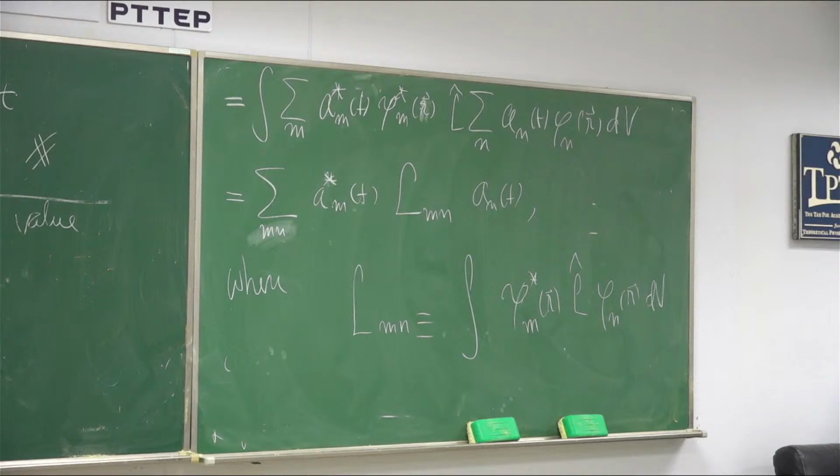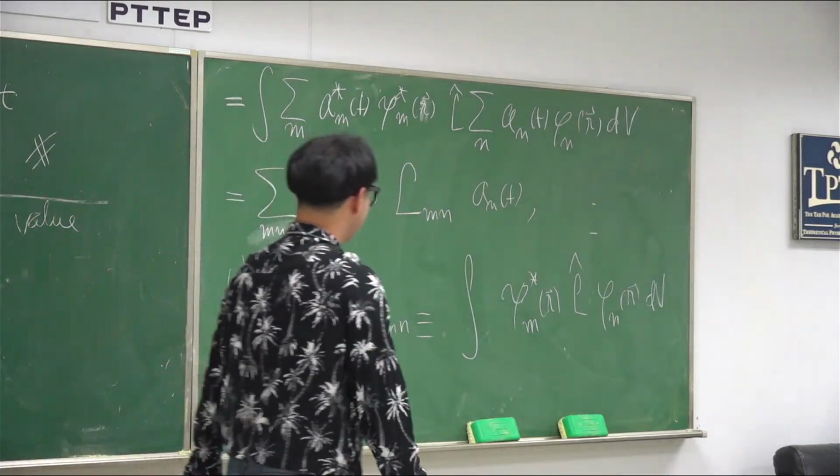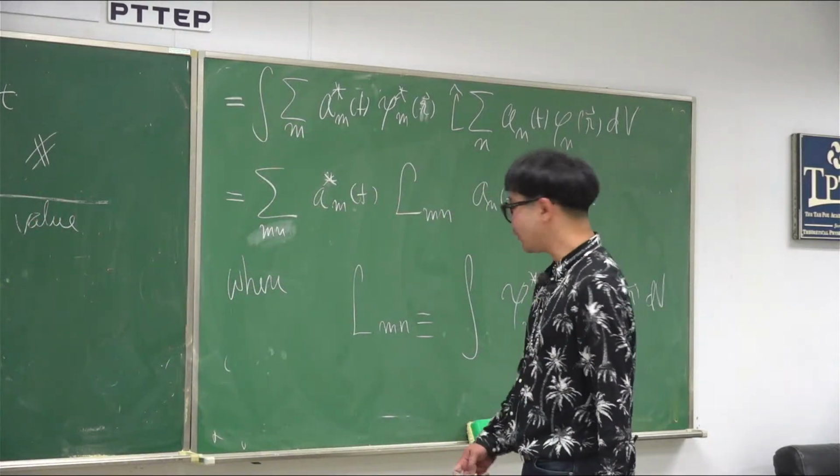So this is the expectation value of this operator L in terms of the matrix form somehow.